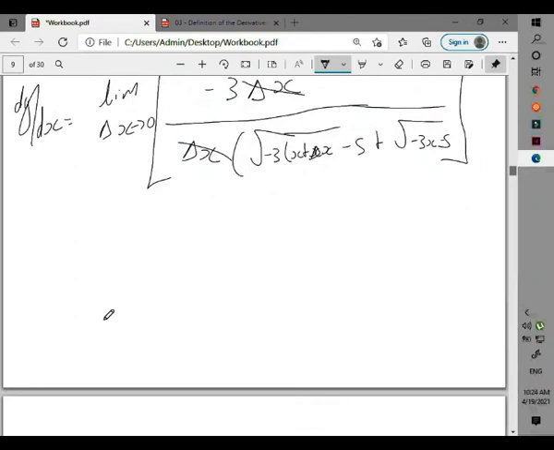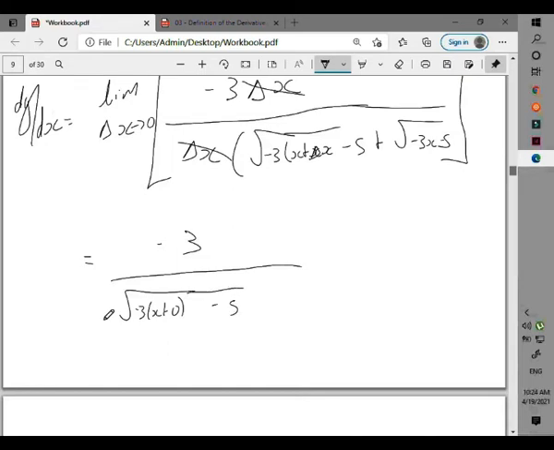Alright, so this is where things become very peaceful. What I have now is minus 3 all being divided by the root of minus 3x plus 0 minus 5 plus the root of minus 3x minus 5.